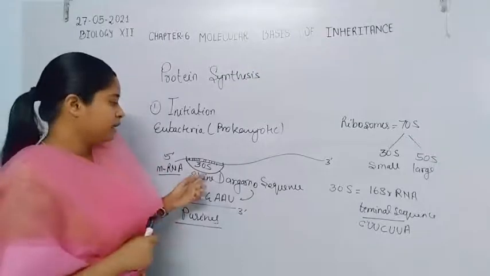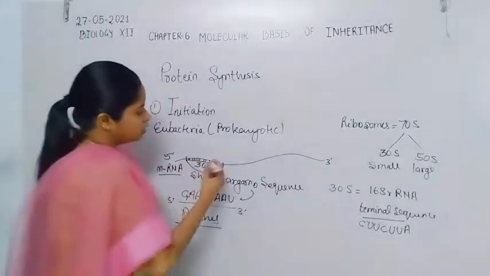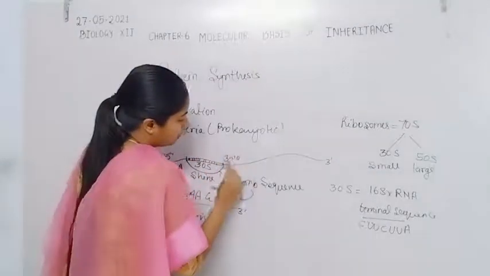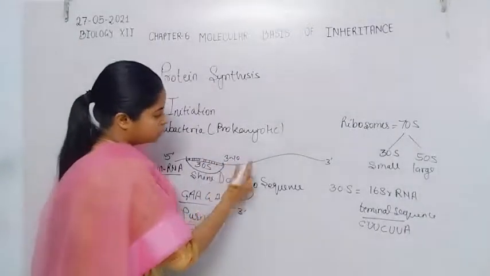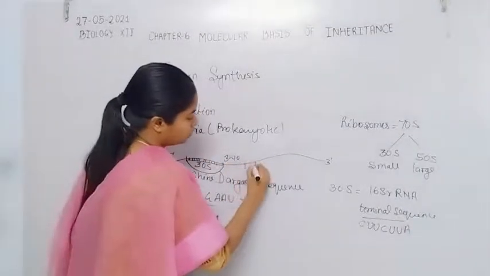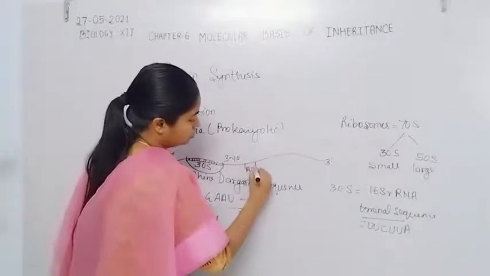Now when they bind, after 3 to 10 nucleotides the initiation codon is present, that is AUG.